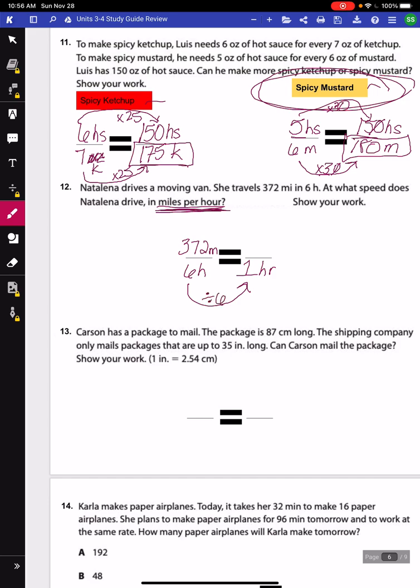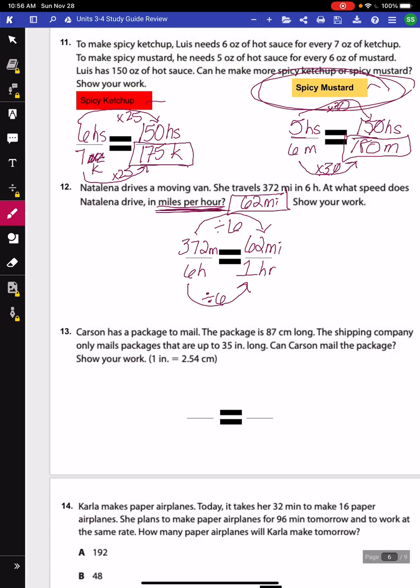Divide by 6. What do I do at the bottom? To do at the top. 372 divided by 6. You get 62 miles. So, at what speed does she drive in miles per hour? Per means 1, so 62 miles.